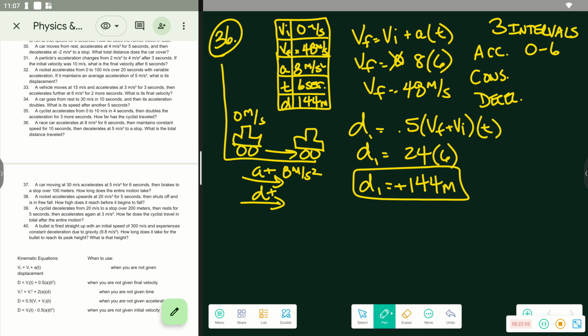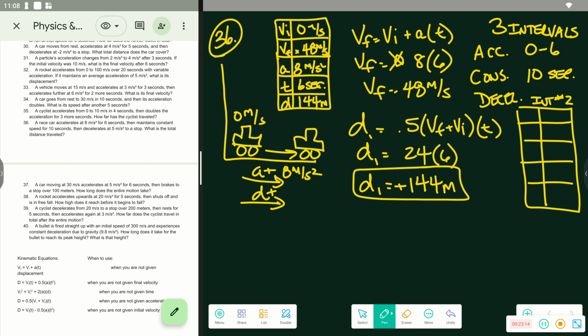Your constant interval maintains a constant speed for 10 seconds. So this interval is 10 seconds. If we draw this one for interval 2, what's your initial velocity for interval 2? 48 meters per second.